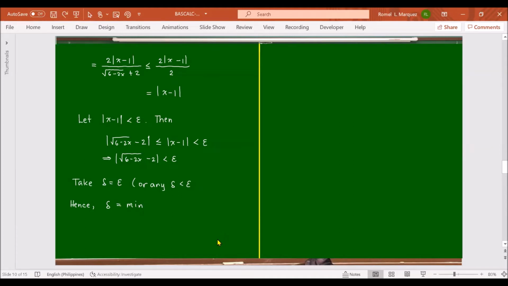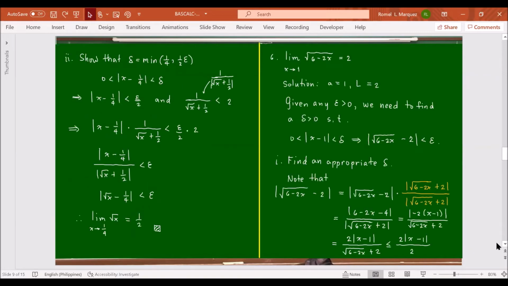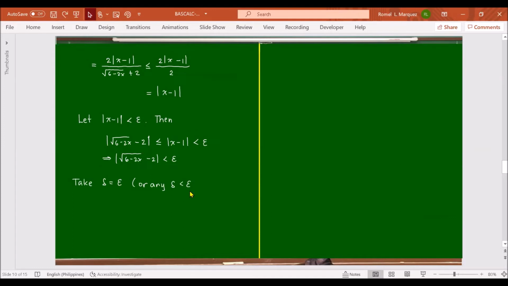By the way, we have just one restriction, I think. Let me check. How many restrictions do we have already? One. So let's now bound this denominator.